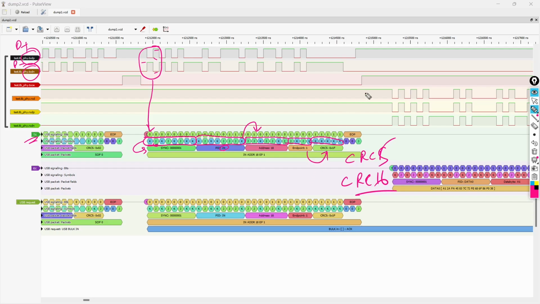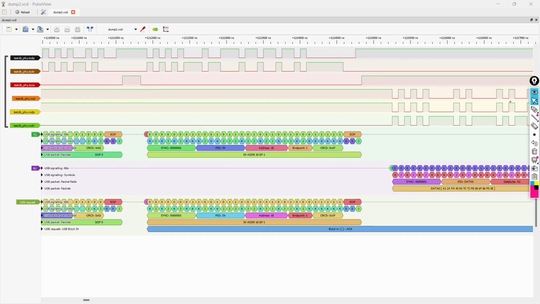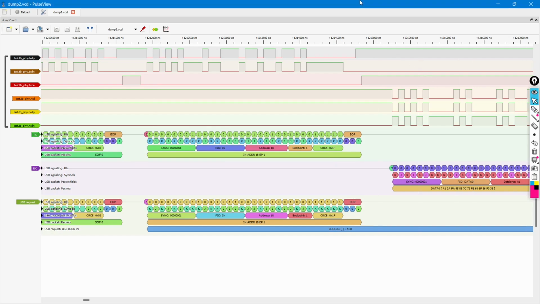So mostly this session will be 70 to 80% theory and understanding, and 10 to 20% coding of the PHY test bench, not the RTL. Understood? Did I make it clear? Yes, sir.